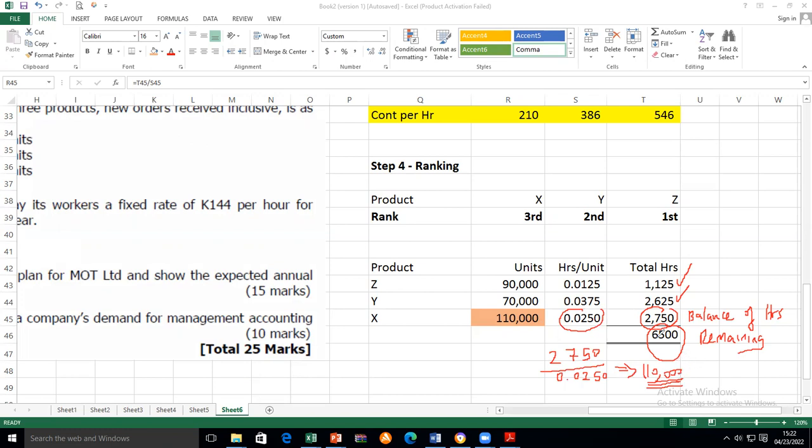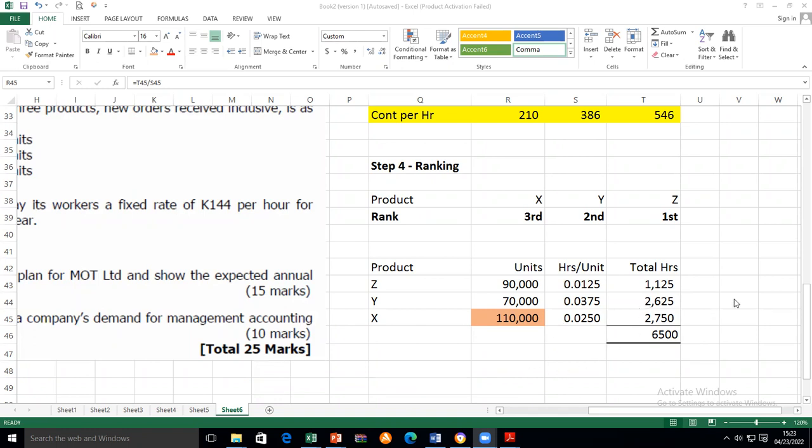So we are done with that. Next, what does the question ask us to do? The question goes further. It says, calculate the profit. So how much profit are we making out of these units?